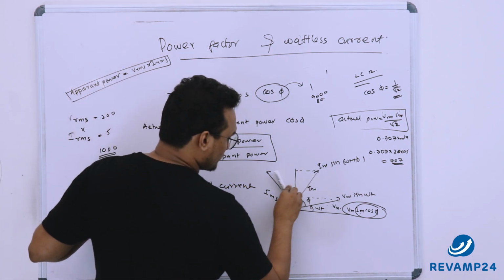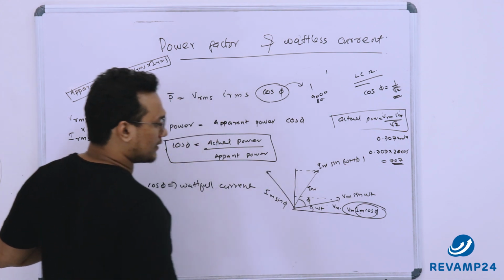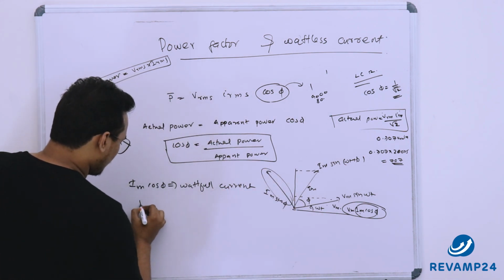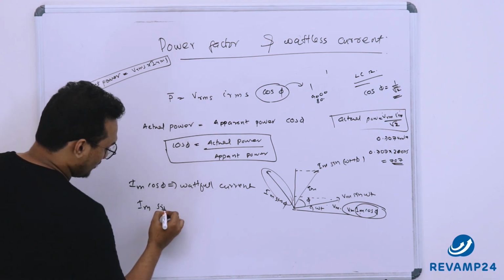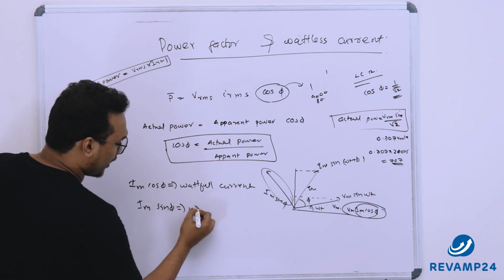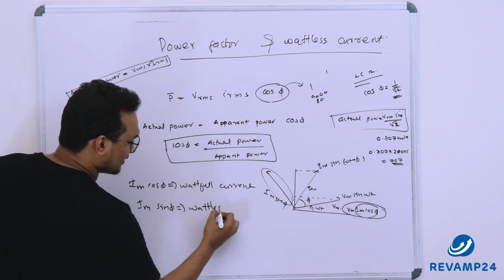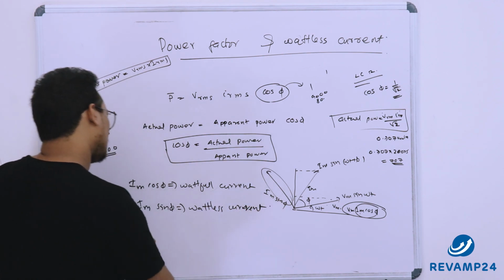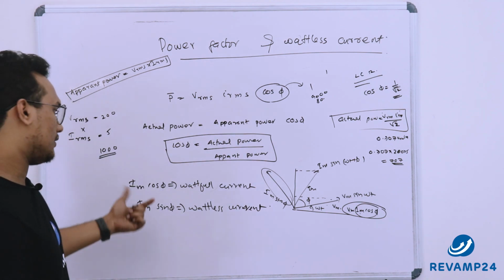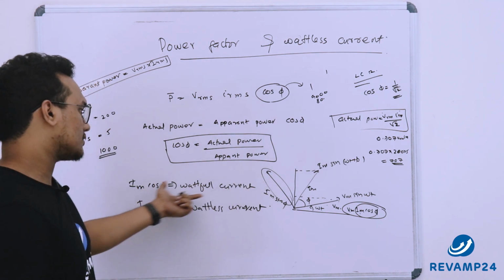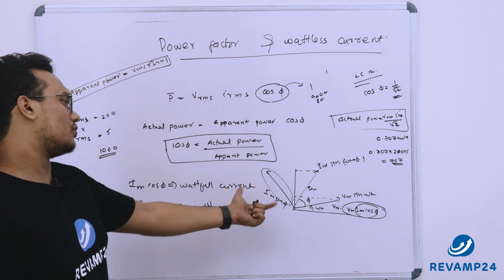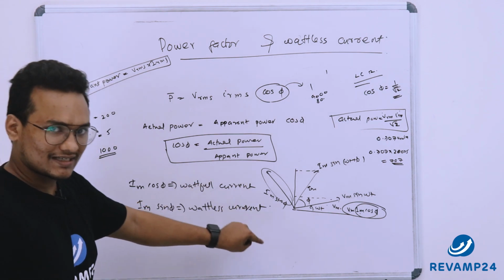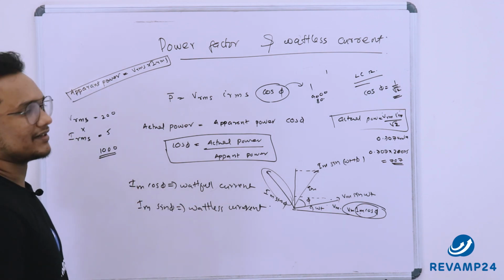Now what about Im sin phi? Is it delivering any power? Along this direction there is no voltage, so Im sin phi is wattless current. This is the meaning of wattless and wattful current. This is delivering power, doing work, and this is not doing work. So Im sin phi is wattless current, and Im cos phi is wattful current.